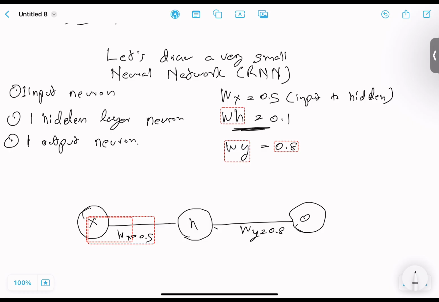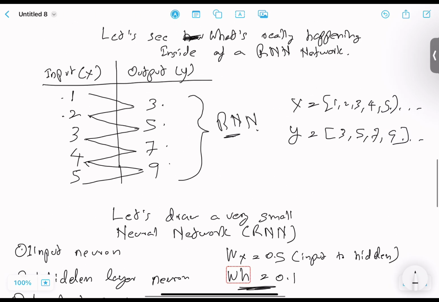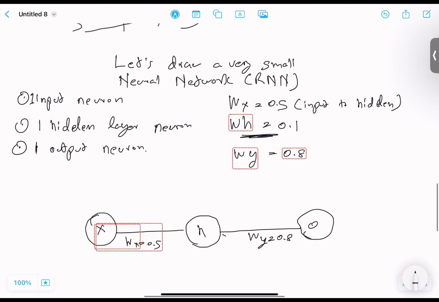If I input, for example, the number 1, it will go through this weight 0.5.